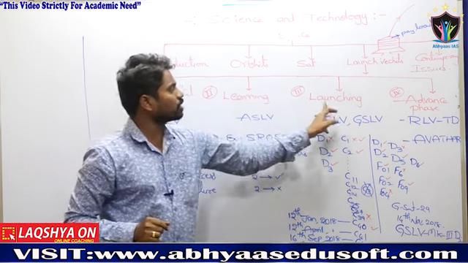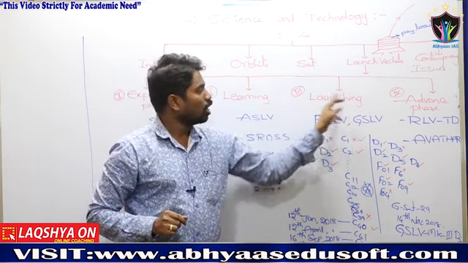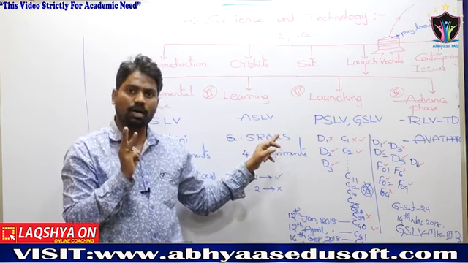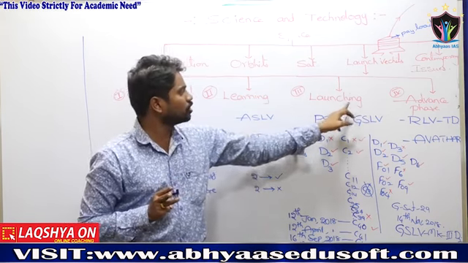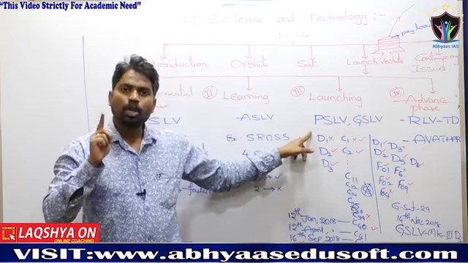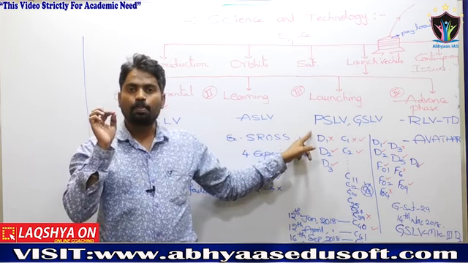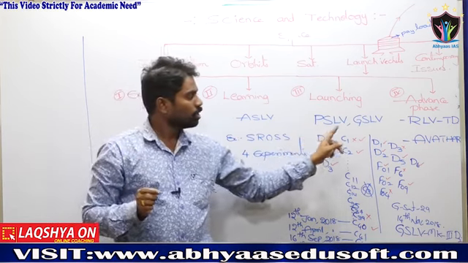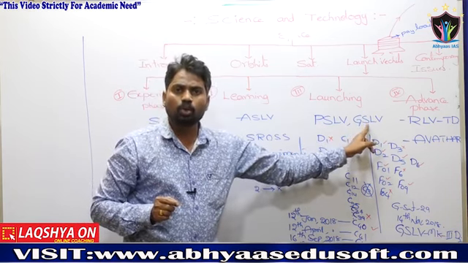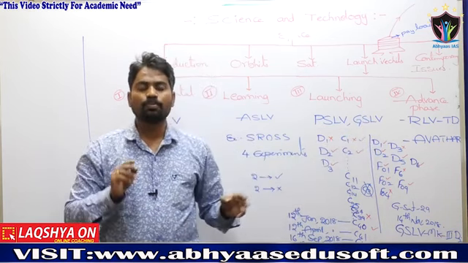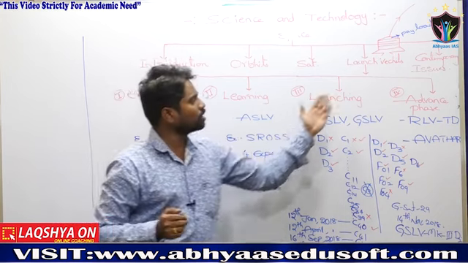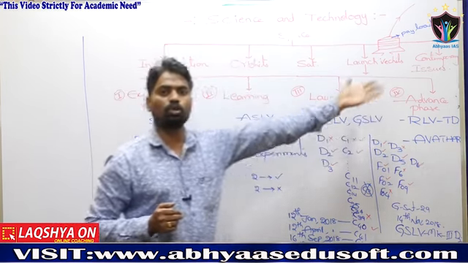The third phase, the launching stage, has two famous launching vehicles: the PSLV, Polar Satellite Launching Vehicle, and the GSLV, Geosynchronous Satellite Launching Vehicle. Another one is the advanced phase, the fourth phase.